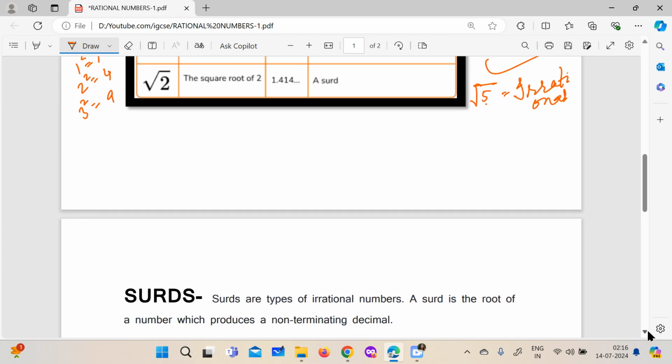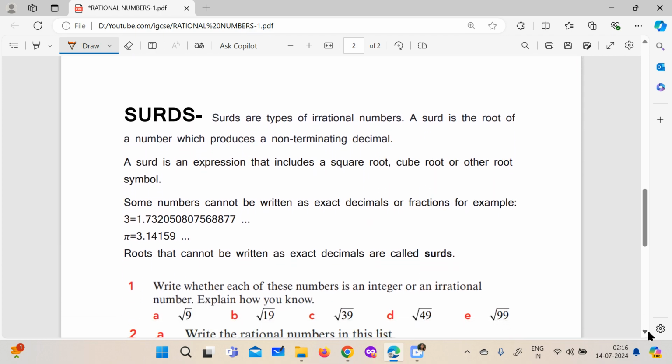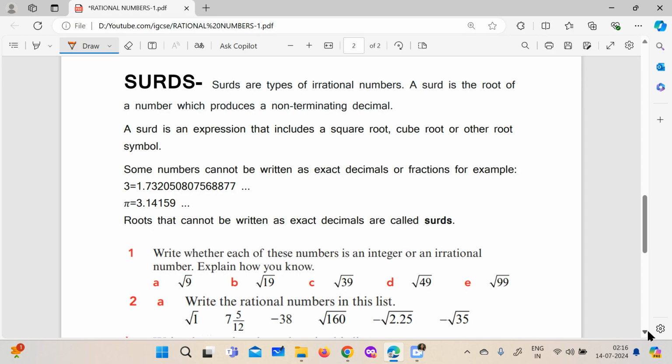And then we have another thing called surds. Now see what surds are. Surds are also a type of irrational number. A surd is the root of a number which produces a non-terminating decimal. Just now I gave you the example of root 4 and root 5. Root 4 is a rational number, whereas root 5 is an irrational number.